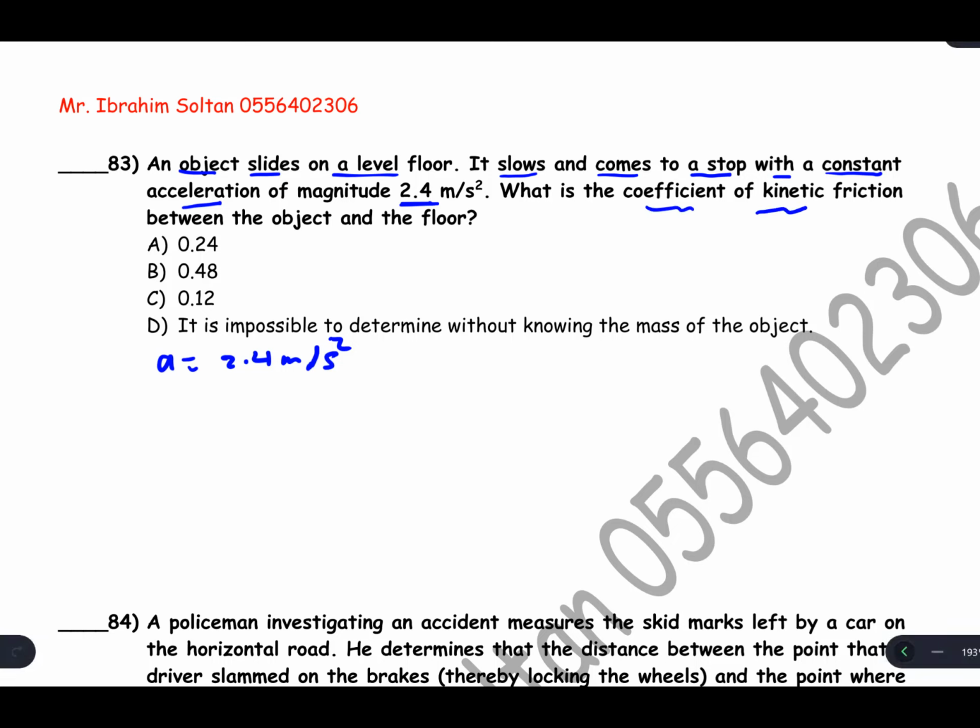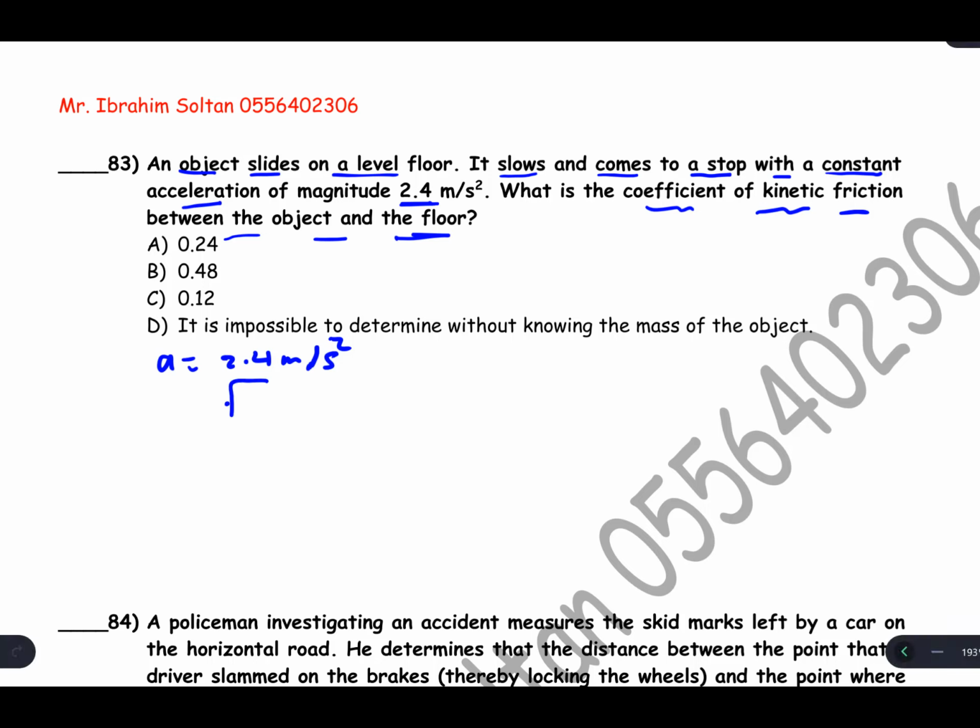What is the coefficient of kinetic friction between the object and the floor? Hold on. So the applied force exactly equals the kinetic friction force, the friction force while the object is moving.